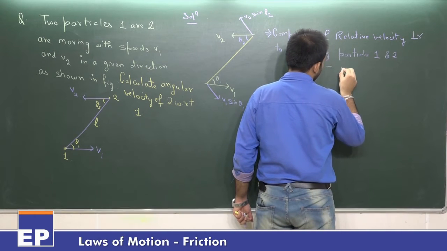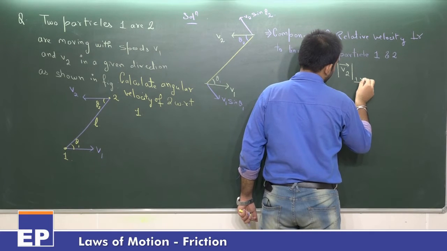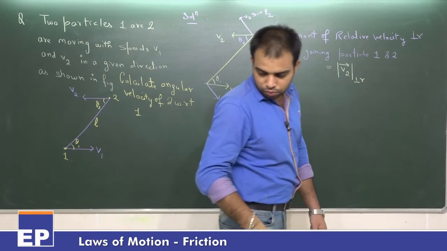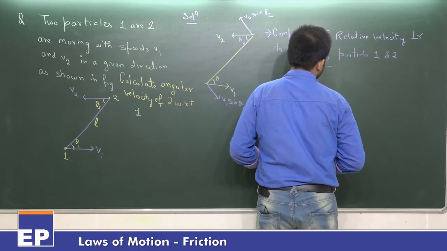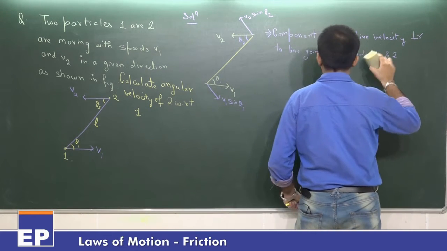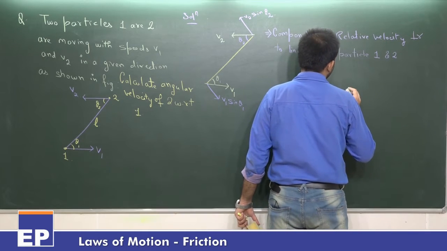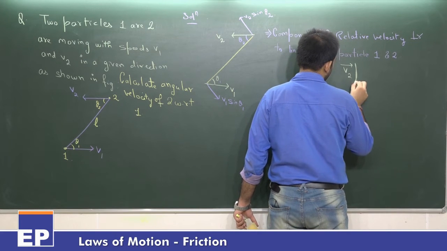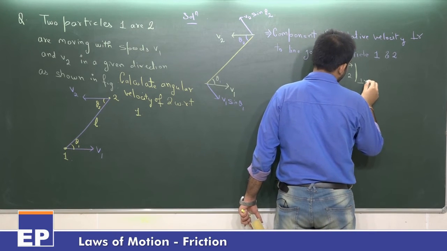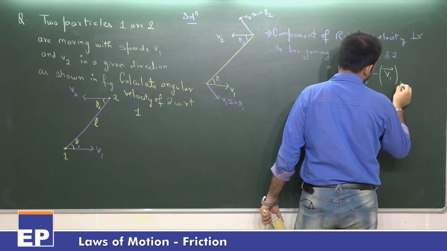This is the v2 vector perpendicular component minus the v1 vector perpendicular component.